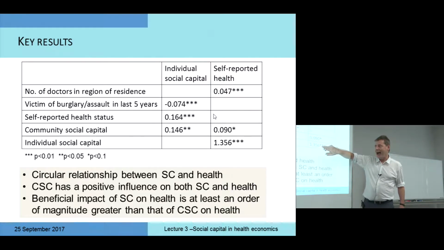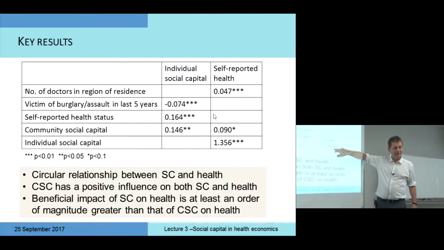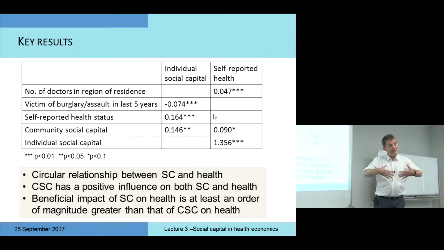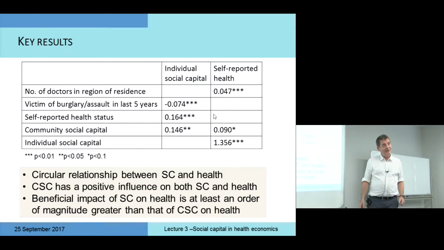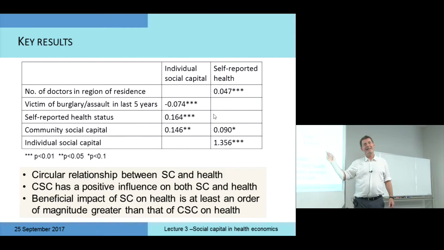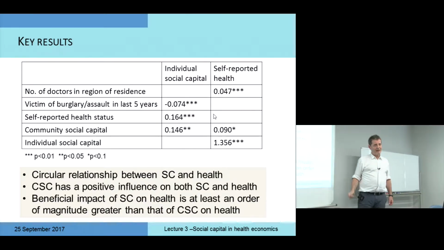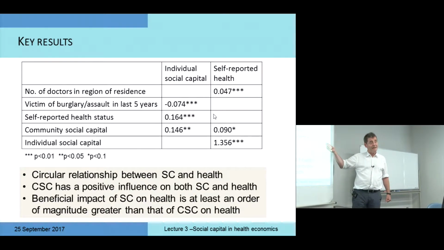If you change an individual's social capital, or a group of individuals' social capital, it's having a big effect for them, but not so much impact on other people. So what we can't really say from a policy perspective yet is that this is enough information by itself to say which is more important.